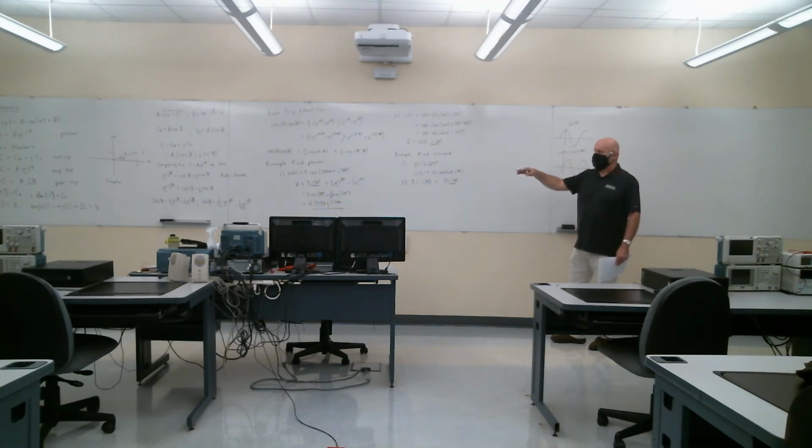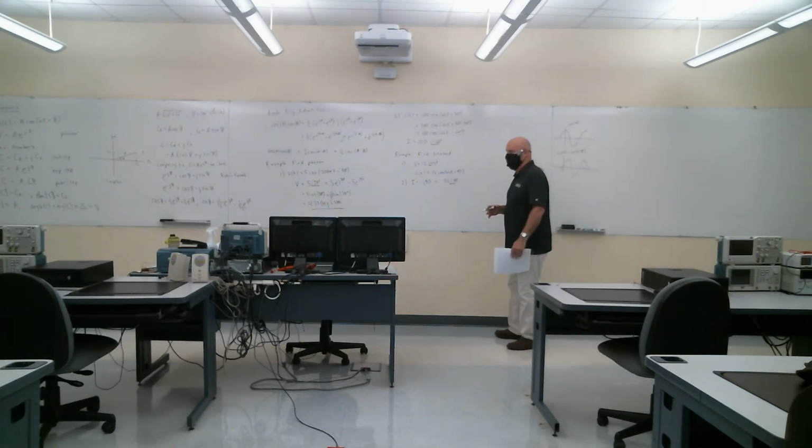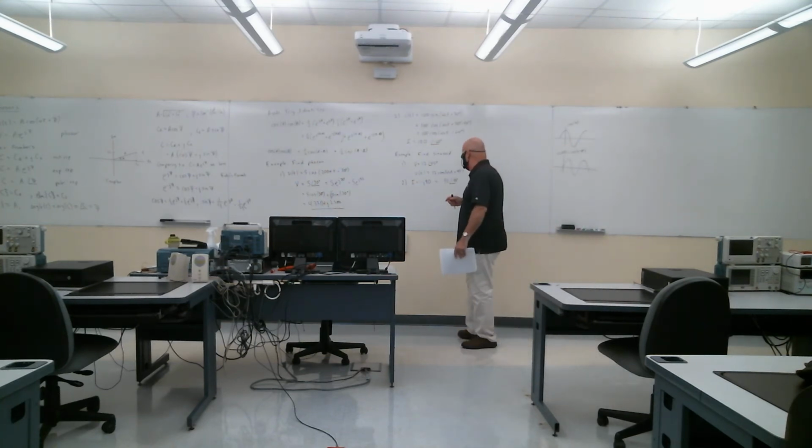Minus 200, not 200. Just minus 200. It's on the real axis. It's 180 degrees. It's also minus 180 degrees, right? So it doesn't really matter which you use. I think the convention is always to use the plus 180.